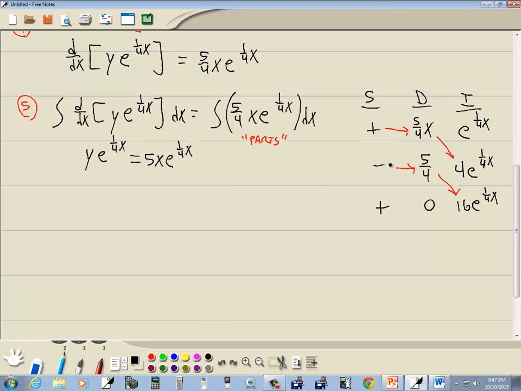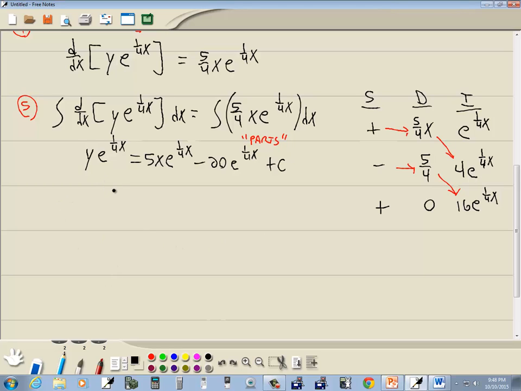Now here I got negative 5/4 times 16. That gives us 20 e to the 1/4 x plus c. I'm still thinking about my numbers here. Yeah, 20. And then e to the 1/4 x minus, okay, that all looks good.